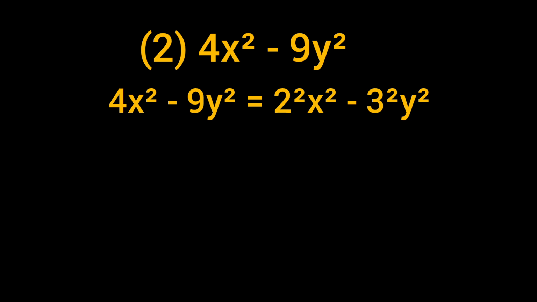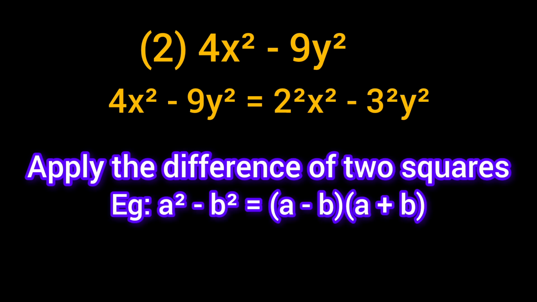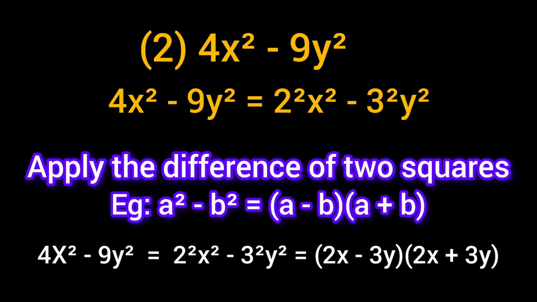in between them. We apply the difference of two squares, which says that when we have a squared minus b squared, you open your bracket and put a minus b, close bracket, open bracket, a plus b. Since both of them are squares, we are going to pick open bracket 2x minus 3y, you close, you open another bracket, 2x plus 3y, you close.